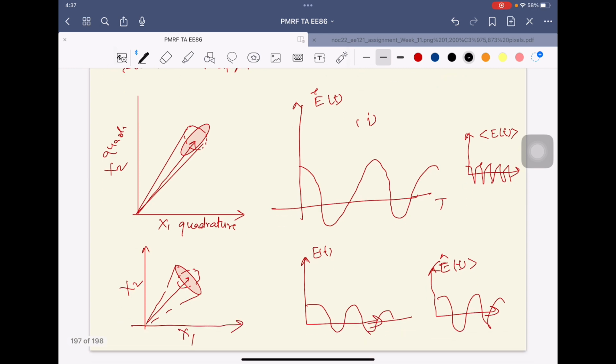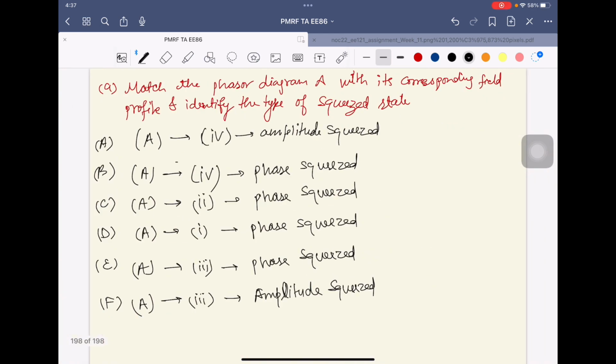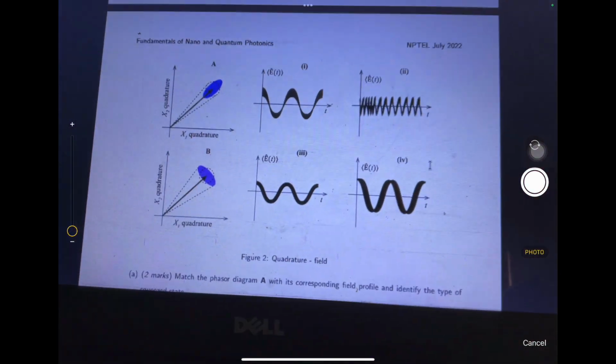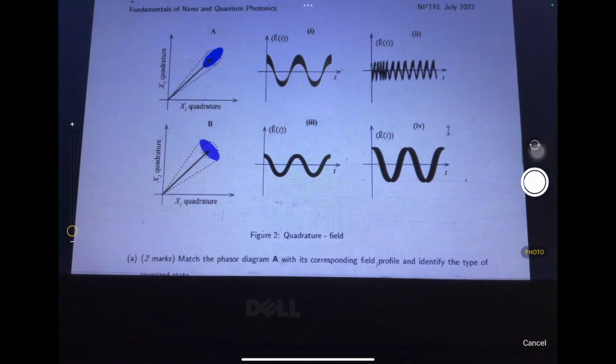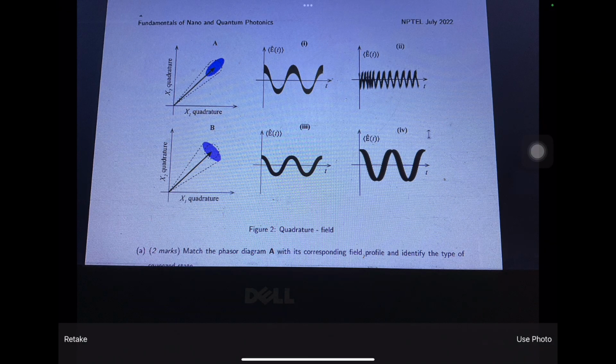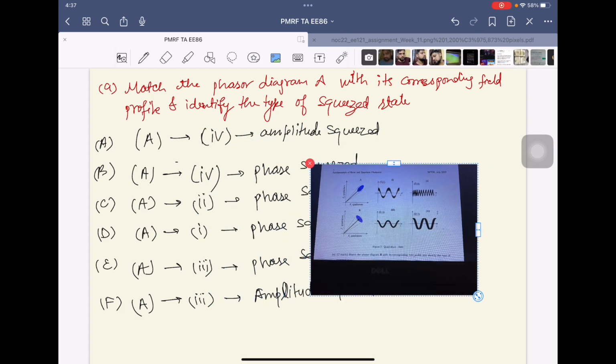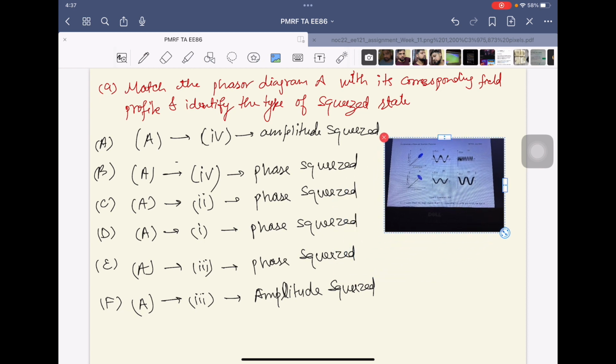I will show you the question. So this is the figure you have to tell: this is A to fourth, second or first.